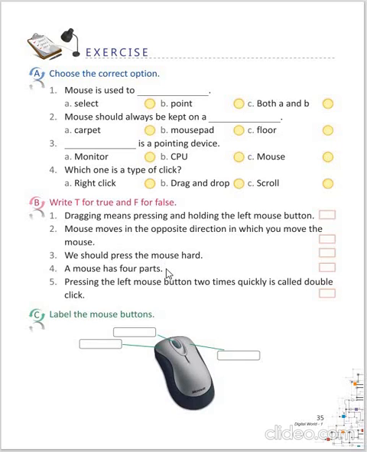Fourth one is false. Fifth one is true. Now come to C. In this you have to label the mouse buttons. Left button, scroll wheel and right button.